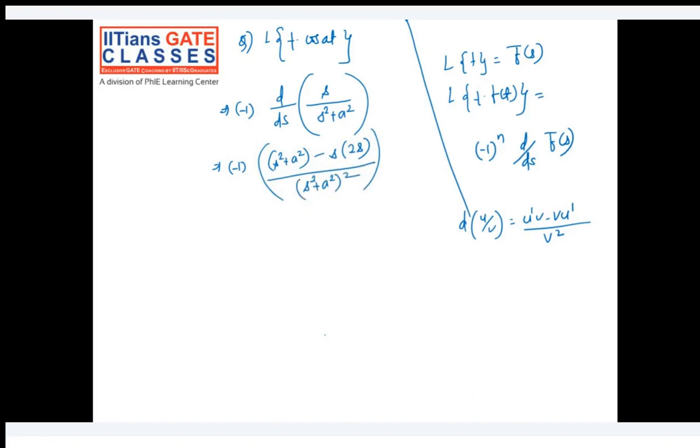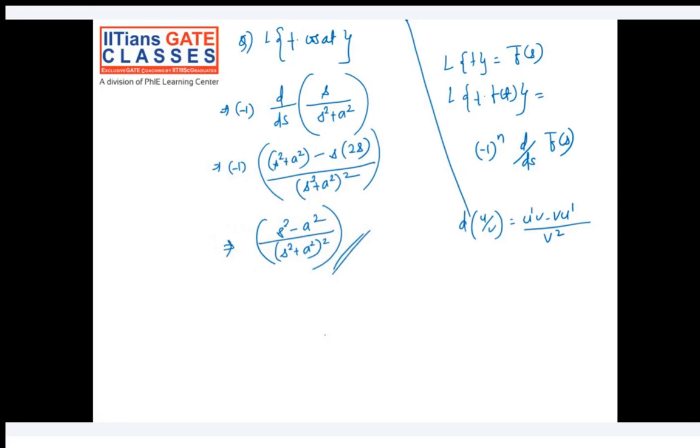If you further solve it, minus 1 as it is, s square minus 2s square, it will be minus s square plus a square divided by s square plus a square whole square. And if you multiply the minus 1, this will become plus, this will become minus. So this is the final answer.